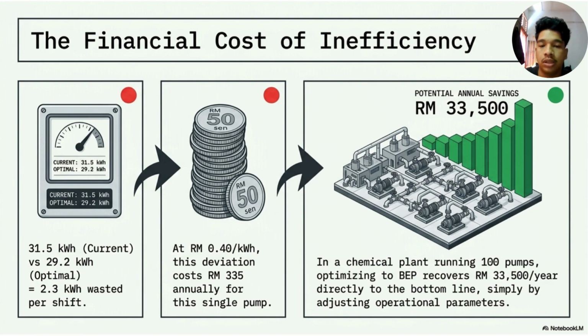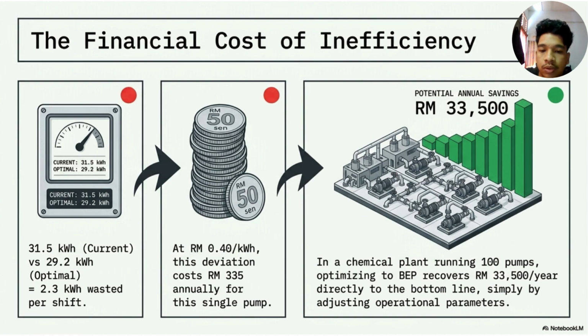Next, we can calculate the financial cost of inefficiency. Our current energy use is about 31.5 kilowatts, versus the optimal one of about 29.2 kilowatts. So about 2.3 kilowatts is wasted per shift.